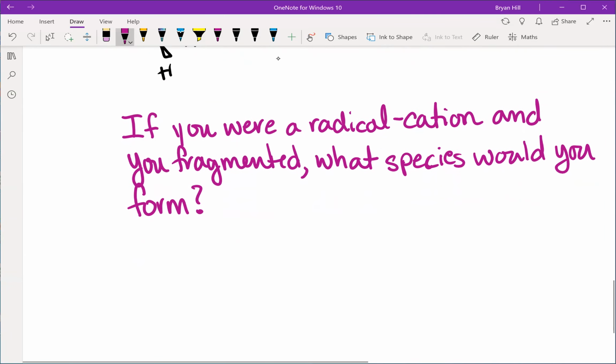So let's pretend that you're a radical cation and you are forced to break apart, forced to fragment. What species would you form if you were to break apart? I'm trying to just say what would be the species that you would form preferentially over other species?